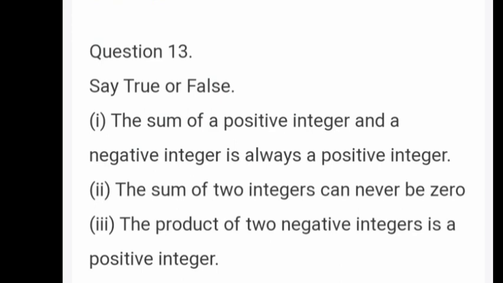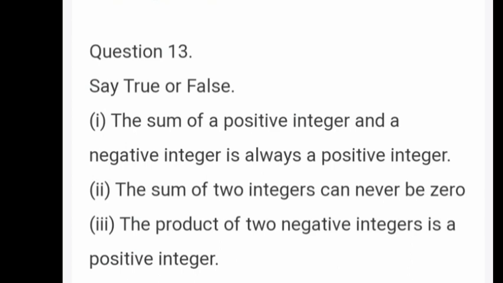Next question is true or false. Question number 1. The sum of a positive integer and a negative integer is always a positive integer, which is false. Question number 2. The sum of two integers can never be 0, which is false. Question number 3.